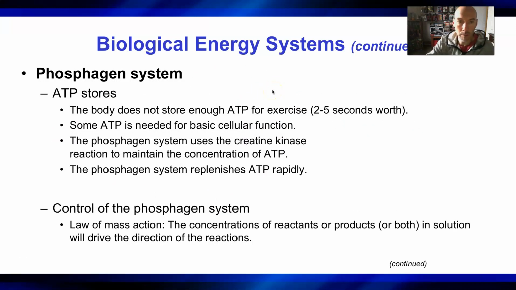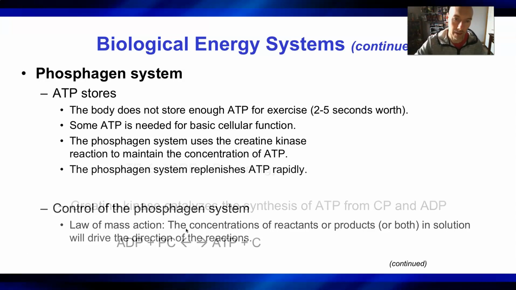So just to review a little bit more, again, stored ATP, we only have about 2 to 5 seconds worth of ATP stored in our body. And the phosphagen system is there to allow us to rapidly replenish the stored ATP that we have, okay? The phosphagen system is controlled by what we call the law of mass action. Sorry about that stumble. Basically, we have these different products, right? And the concentration of these products drives a reaction.